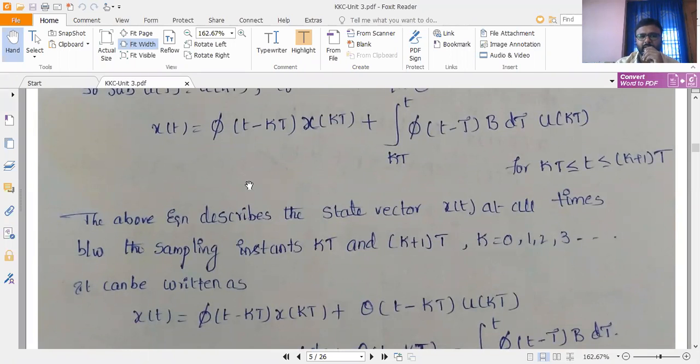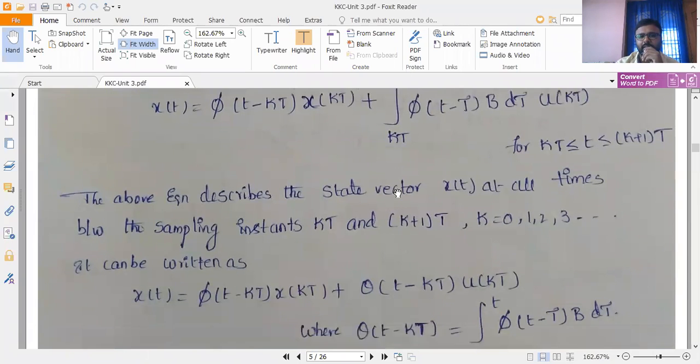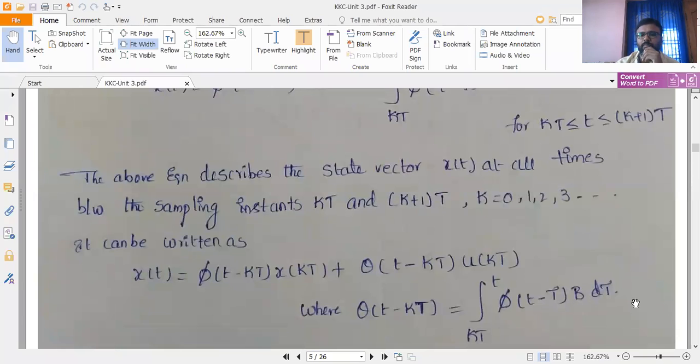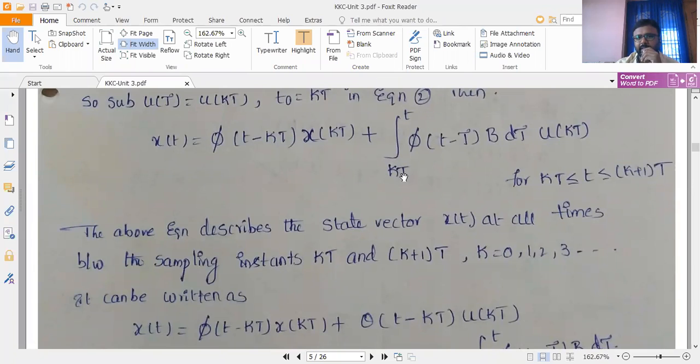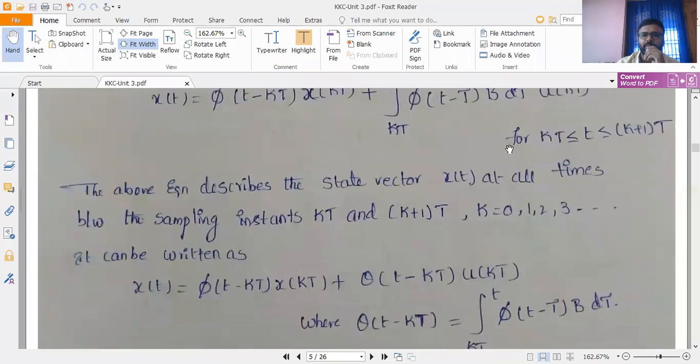Therefore this equation can be rewritten as x of t is equal to phi of t minus kT into x of kT plus theta of t minus kT into u of kT, where theta of t minus kT is nothing but the integral from kT to t of phi of t minus tau into B d tau.